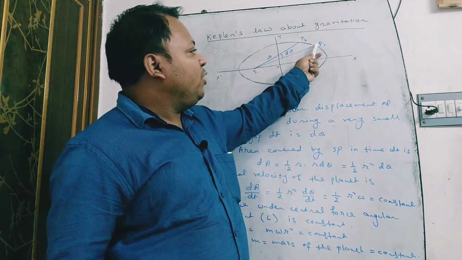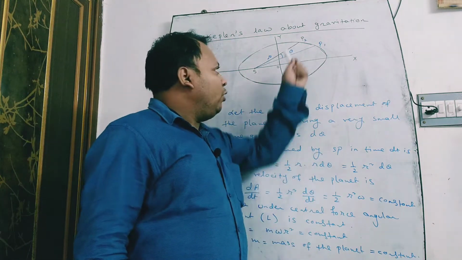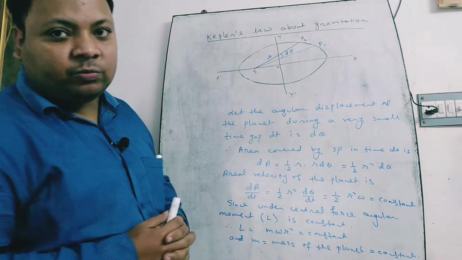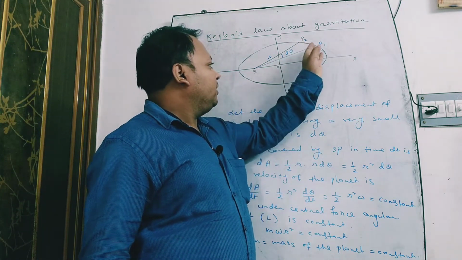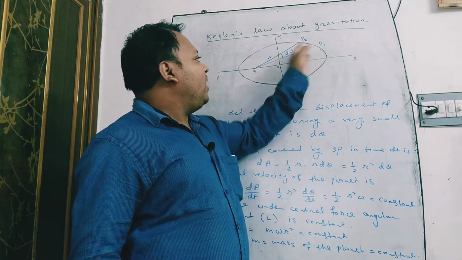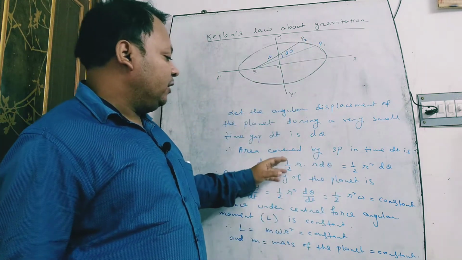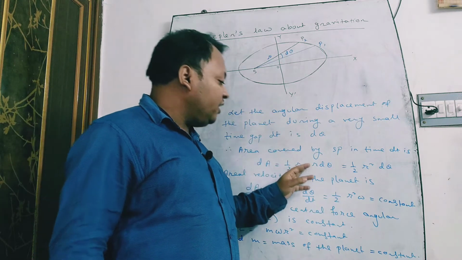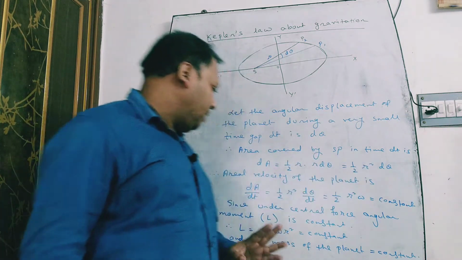That is, angle P1SP2 = dθ. The value of dθ is very small. Now the area covered by SP, that is P1SP2, is dA = ½ r · r dθ, which is equal to ½ r² dθ.